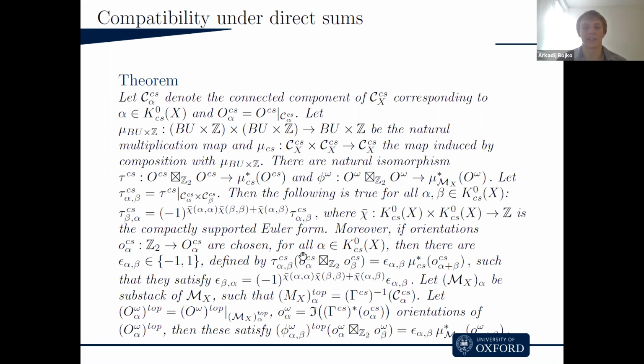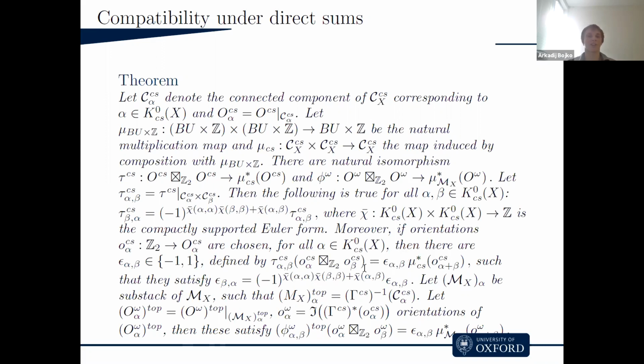And what this tells me is if I do choose orientations for each connected component of this K theory space, then under this isomorphism, comparing these orientations under direct sums, I do get an extra sign. I will get extra signs because these are Z2 bundles which are isomorphic on a connected component.